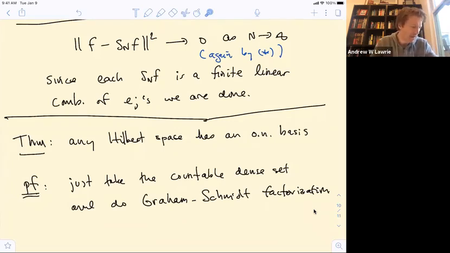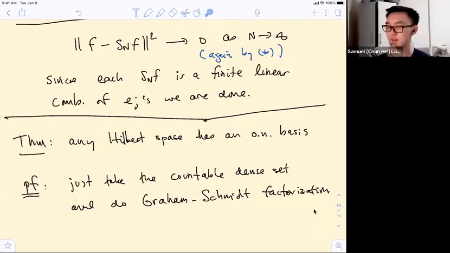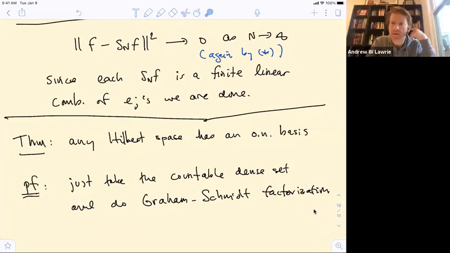I guess because we're only asking for denseness, right? I'm sorry, is this adequately answering your question? I think maybe there's just some difference in the notion of basis. Yeah, I guess we have a weaker notion of basis, so we somehow skip the axiom of choice. Yeah, I think that's the key point.